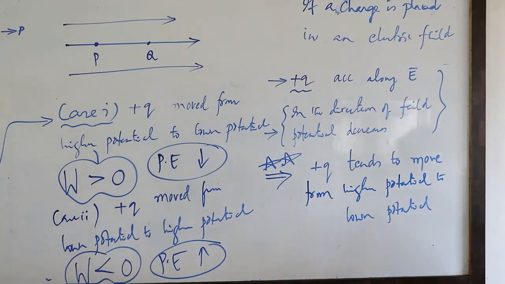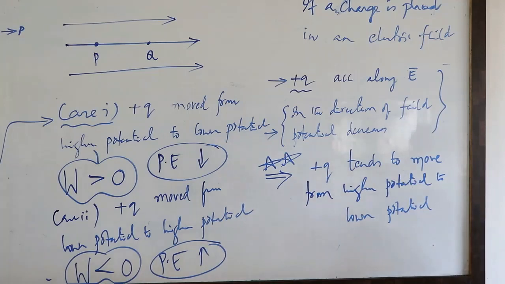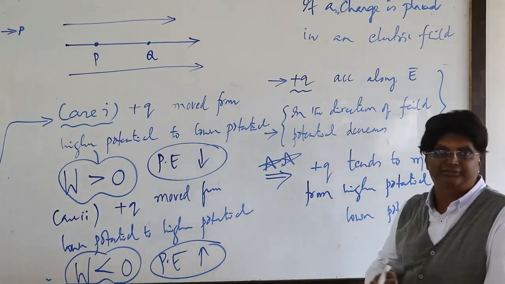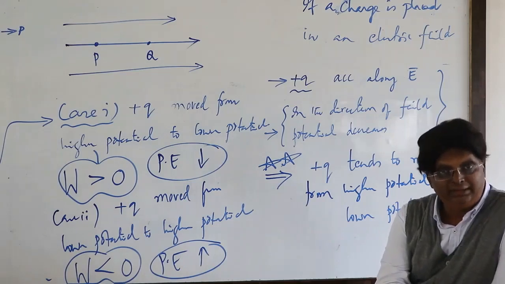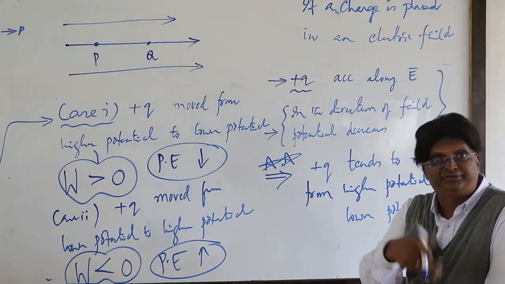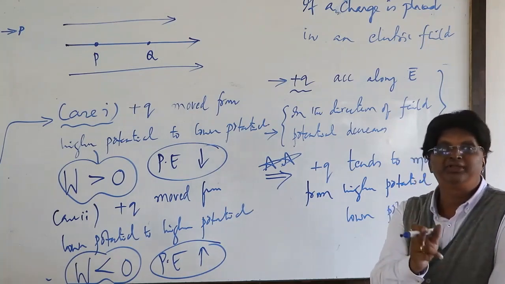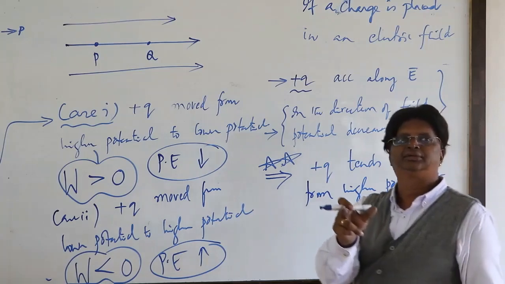And therefore, automatically by default you can write it as negative charge always tends to move from lower potential to higher potential. So what are the natural tendencies of the charge in an electric field? Is that always a charge tends to displace on itself. Why is it displacing? Because of potential difference.